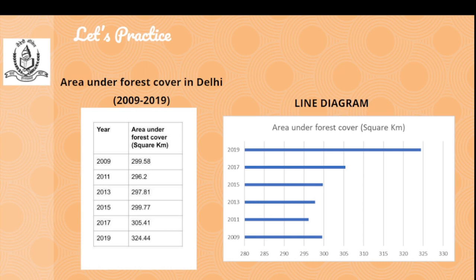Again, one thing I would like to emphasize is that the lines can be drawn either vertical or horizontal. Also, there should be uniform space between the consecutive lines that are being drawn to represent the different categories of the data observed in each case.